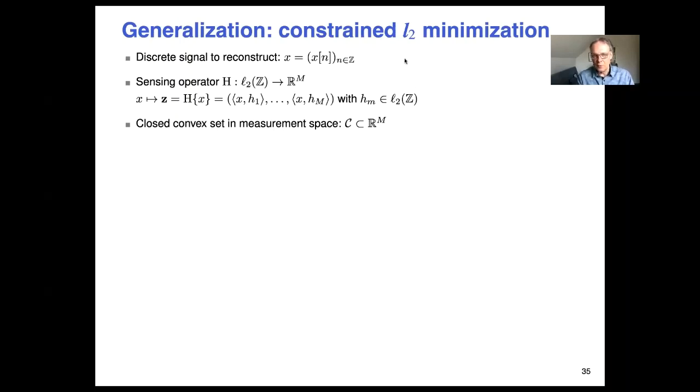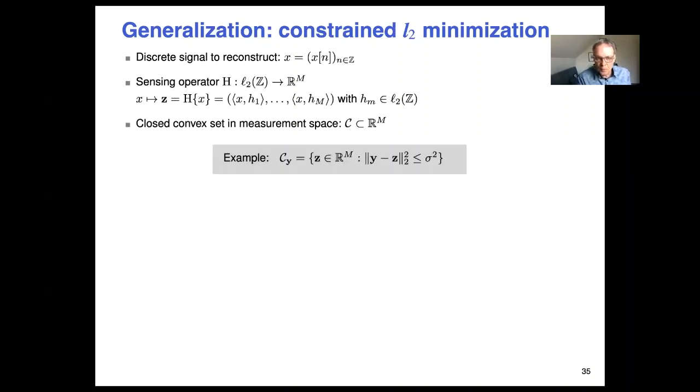Now, generalization: constrained L2. We can go to infinite dimension, but say you were looking at something that lives in a larger domain, and we still have a finite set of measurements specified by those H1 to HM, and now we specify a convex set of feasibility.